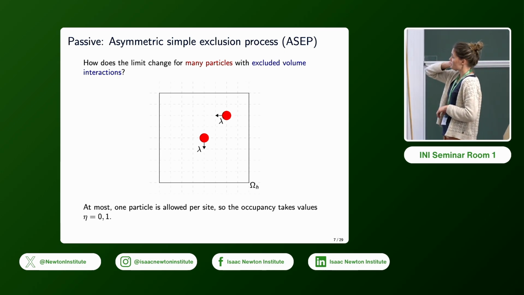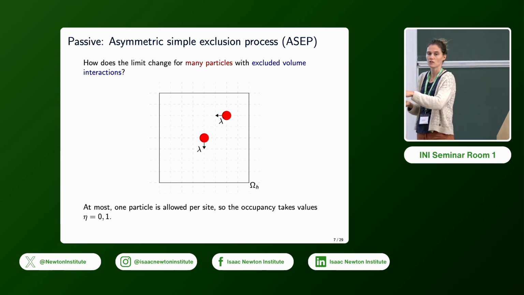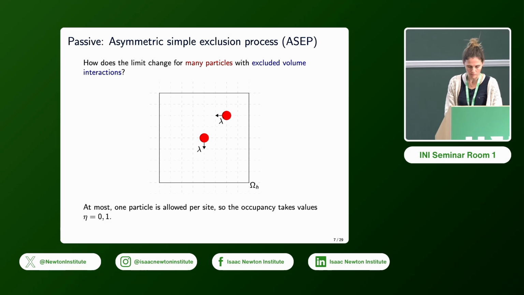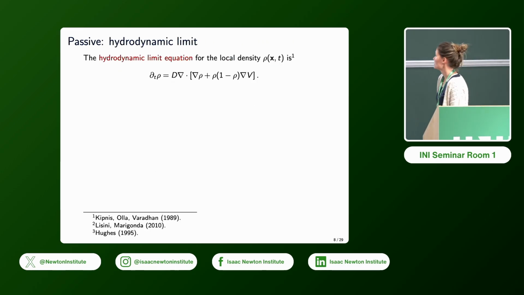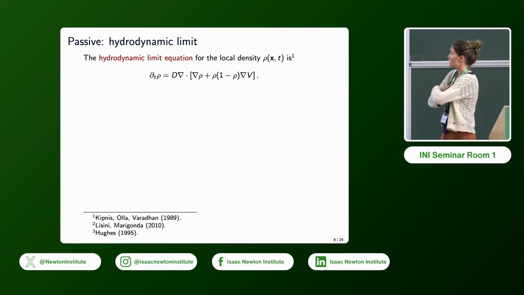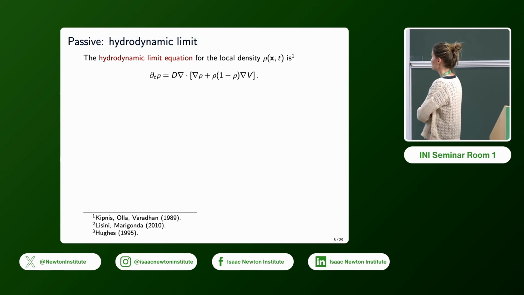The rates lambda are still the same, it's only that the rate becomes 0 if there is a particle on that given site. And so what we're interested in is looking at hydrodynamic limit equations of this process as we take h to 0 and N to infinity.